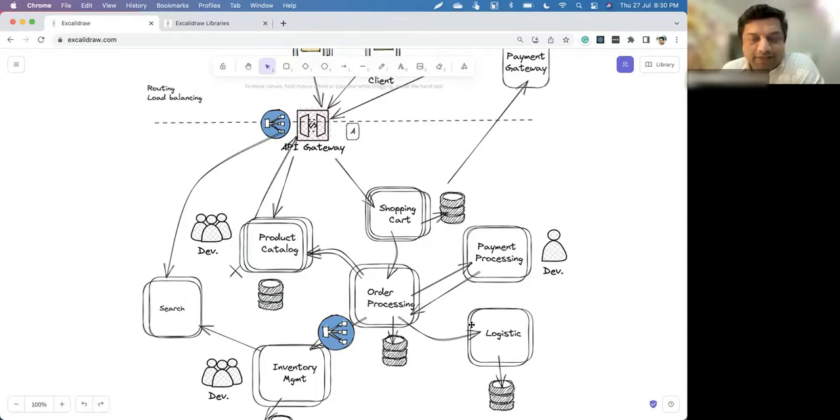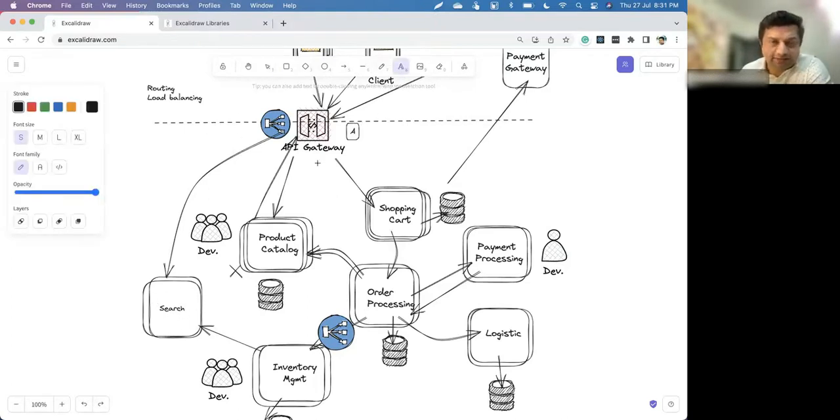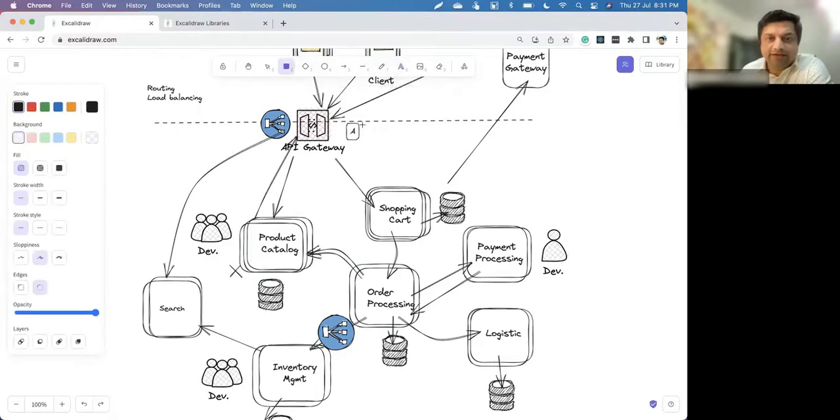All the calls go via the API gateway, so you can authenticate, and only if authentication is successful do you route the request to the other services. We discussed various other functionalities of the API gateway as well.